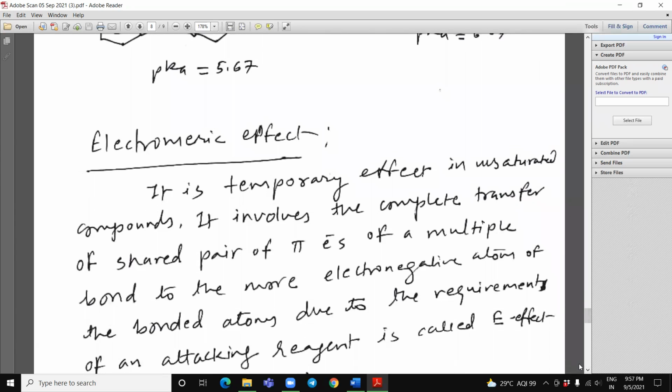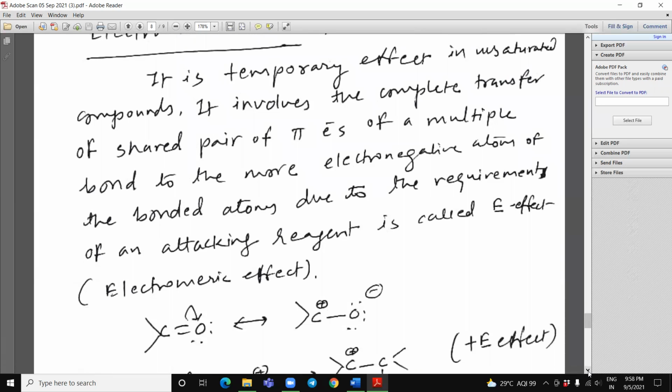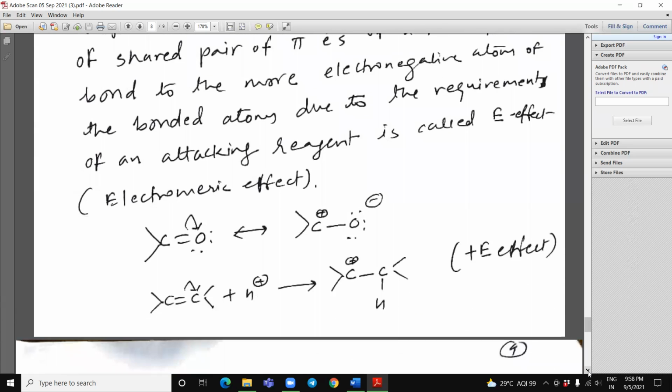Electromeric effect. It is a temporary effect in unsaturated compounds. It involves the complete transfer of a shared pair of pi electrons of a multiple bond to the more electronegative atom of the bonded atoms due to the requirement of an attacking reagent, and is called electromeric effect.